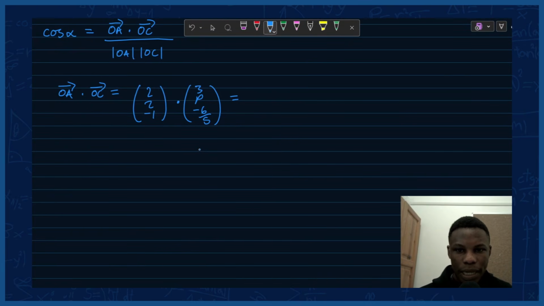That's going to be 2 times 3, which is 6, plus 2 times p, so 2p, plus -1 times -6/5, so plus 6/5. If we simplify like terms, we've got 6 plus 6/5, so 36/5 plus 2p.